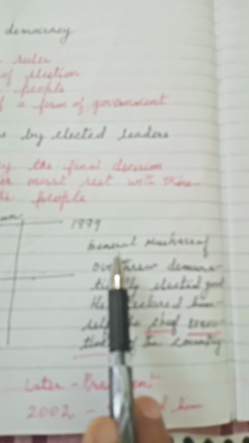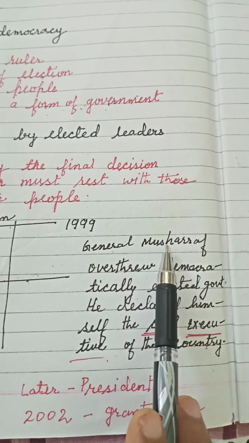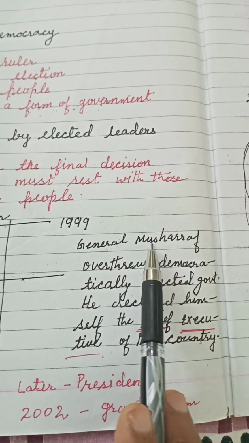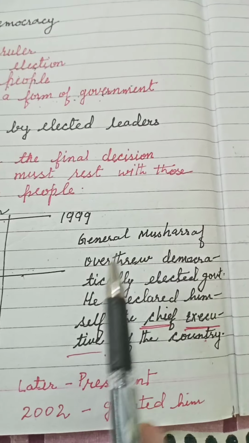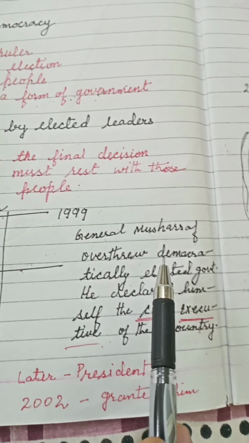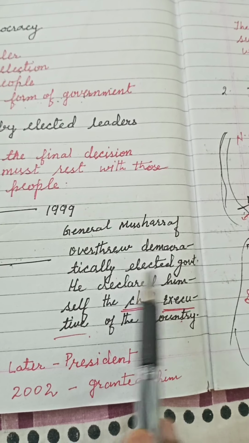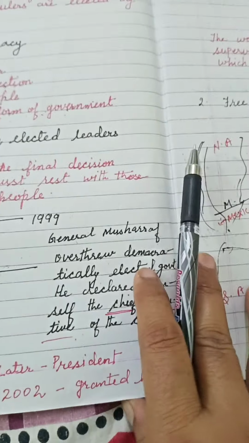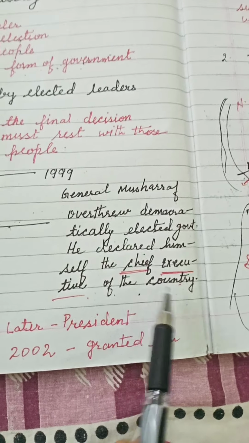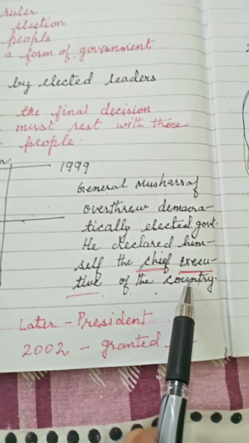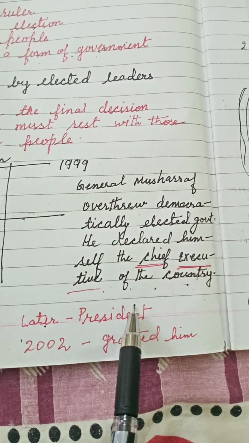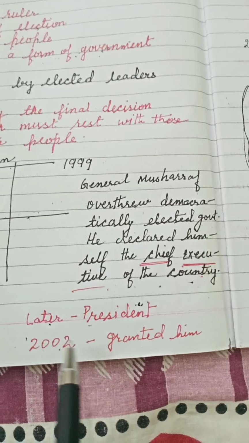General Pervez Musharraf was there, and as he was a general, the supreme commander of the military, what he did was overthrow the democratically elected government, and he himself declared himself chief executive of the country. Later on, he declared himself the president. And what happened in 2002?